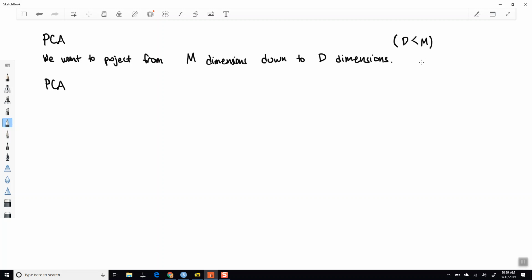We start off with m dimensions, our high dimensional space, and we want to project down to d dimensions. And PCA is going to define d different vectors.